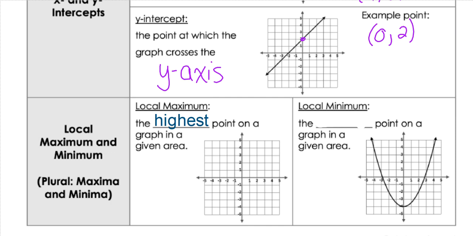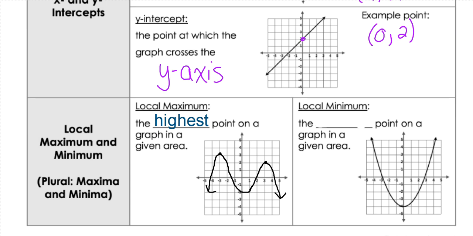If I sketch a function that goes up here, comes back down, goes over here, and then goes over here, I can see that those high points at the top are the local maxima.